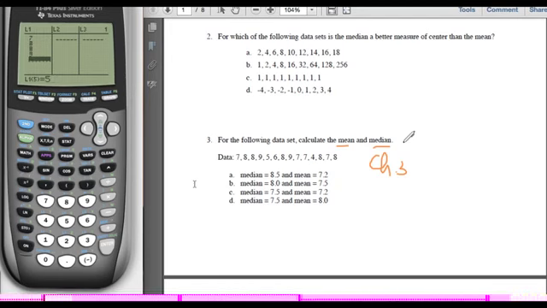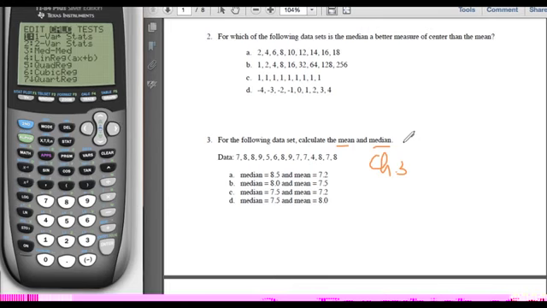Remember, if you have old data in your calculator, you just hit Up, Clear, and Enter. All my data pieces are now in. I can hit Stat, go over to Calc, and I want 1-Var Stats, statistics for one variable.